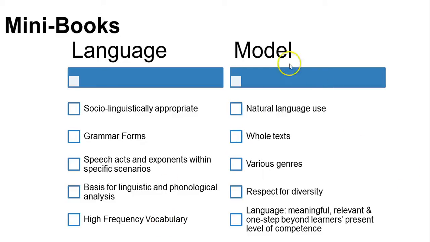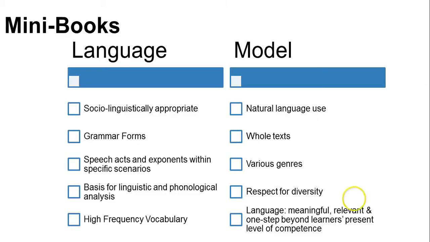The mini books should also be used as models for natural language use, whole text, so that students can see how language comes together in one meaningful body of work instead of looking at a lot of discrete level language skills that they should also do, but they should do it within the context of a whole meaningful piece.